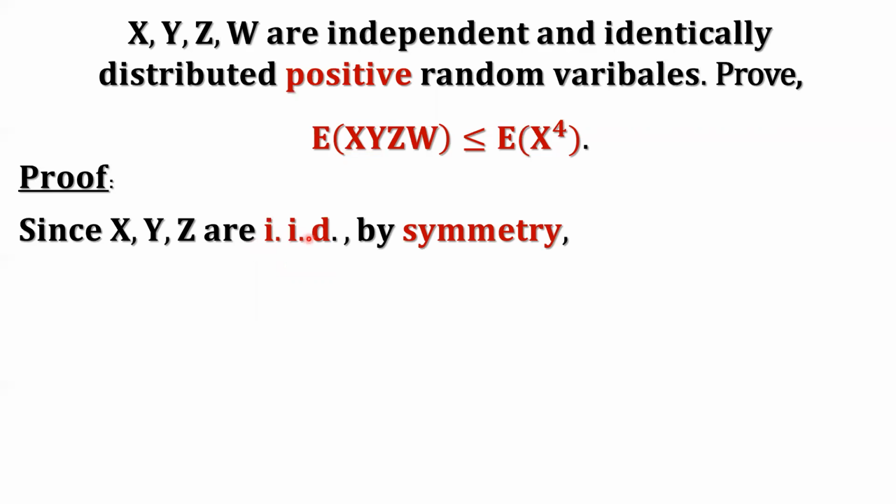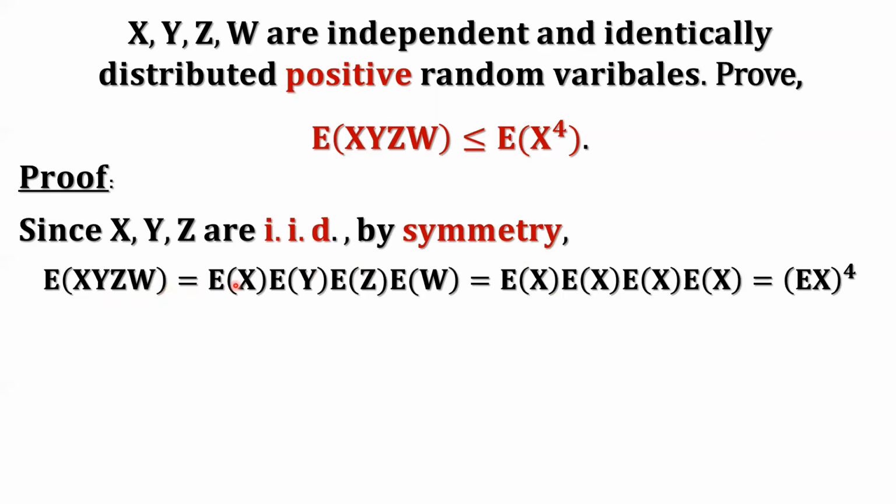Because they are IID, by symmetry, we know that this first equal sign is due to independence. The second equation is due to identical distribution. So the expectations of X, Y, Z, W are equal. Then put them together, that's E[X] to the power 4.